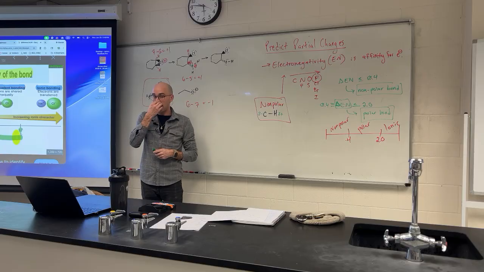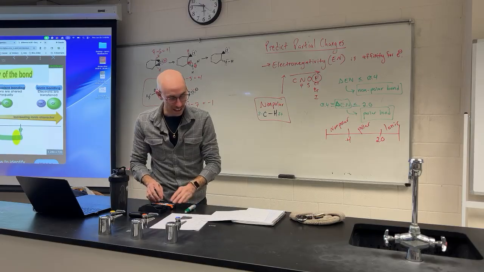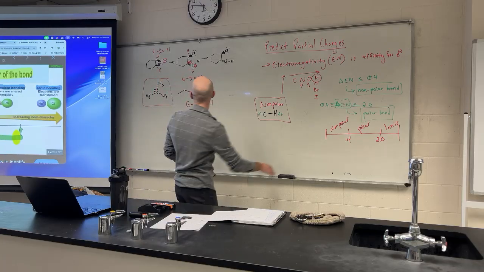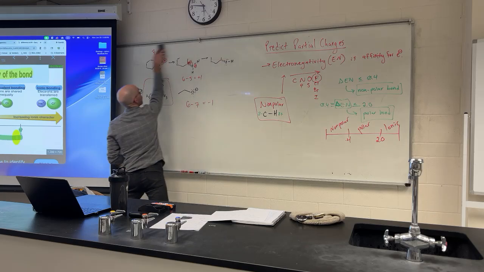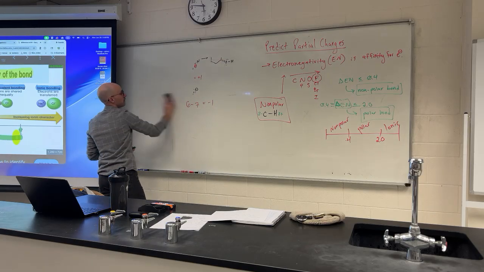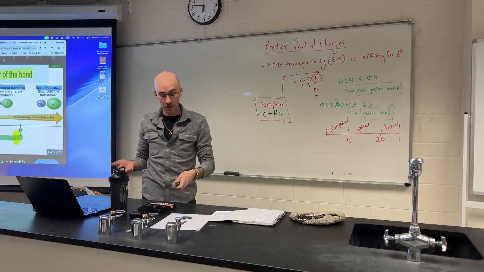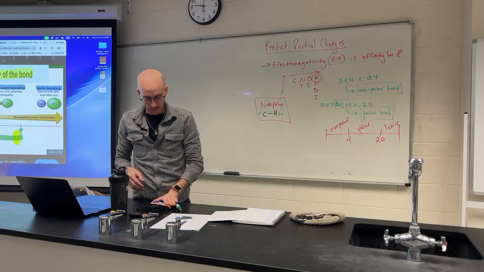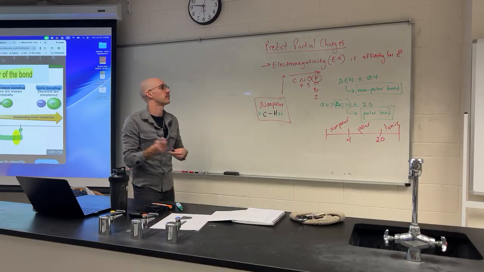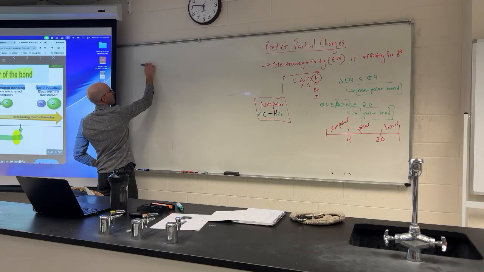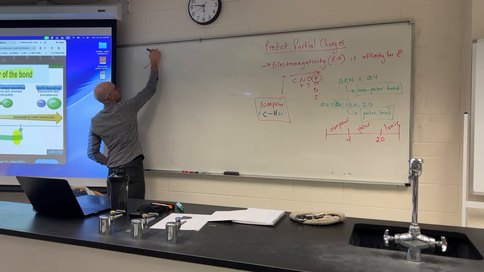Okay, now on to the more interesting and common bonds. First, we have the CO bond. The CO bond has a difference in electronegativity greater than 0.4. I think it's closer to 1.0. So the CO bond gets labeled as polar.